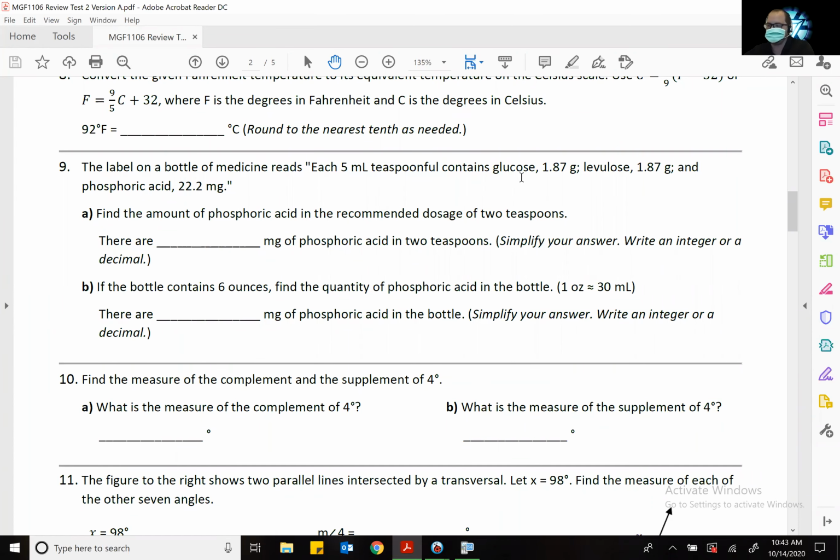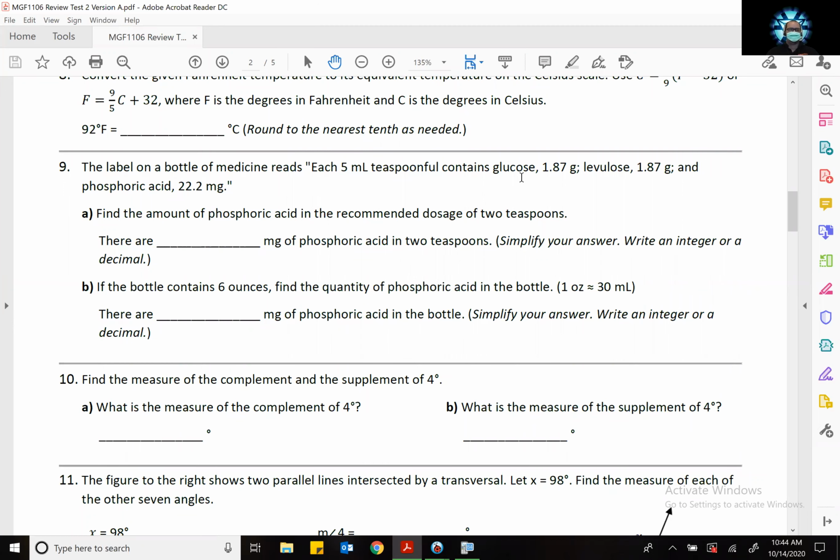So Leviosa of 1.87 grams. And then we have phosphoric acid, and that is 22.2 milligrams.